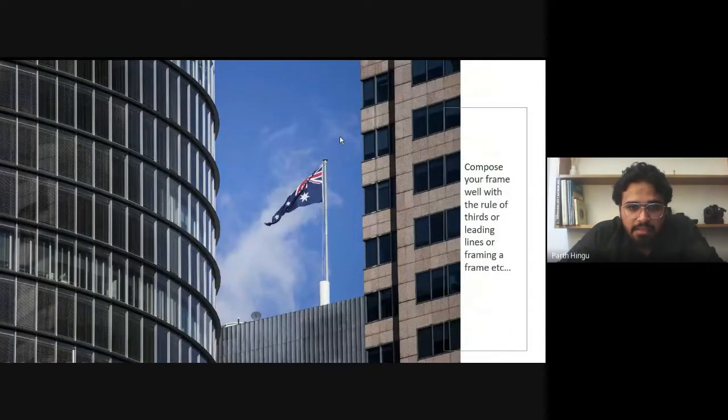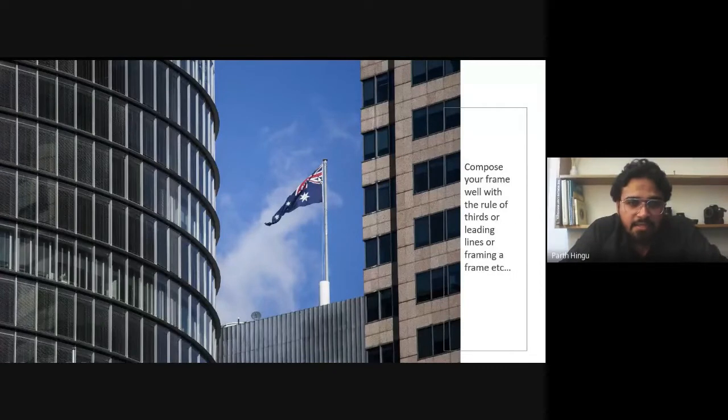At that time I was in Australia, and I was confused about how to compose. But the basic thing that comes into my mind is the rule of thirds. For composing, I gave an example of a human: if a human is facing left, then you need space on that side.